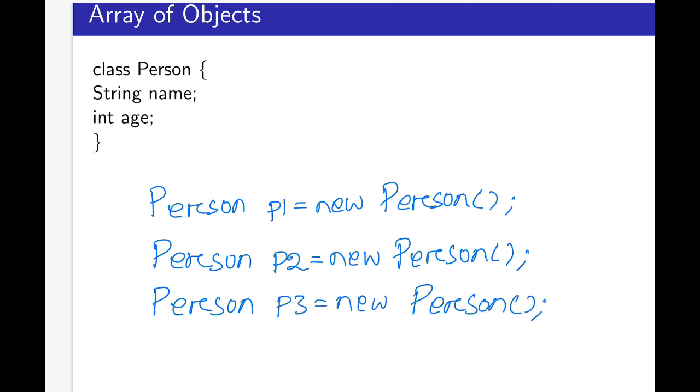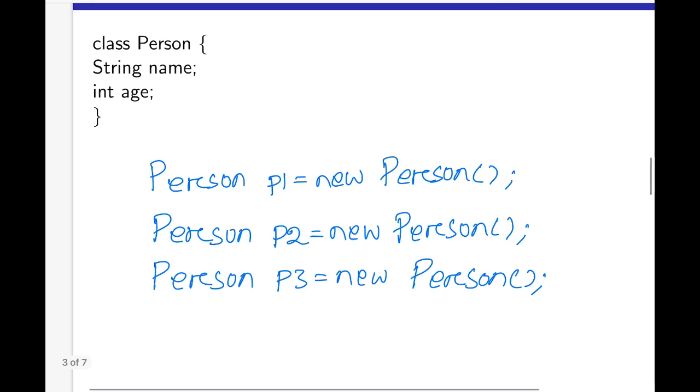So here p3 is another object of class person. Here we are writing p1, p2, p3; we can give any identifier name to the objects. Now instead of creating p1, p2, p3, we can also create one array of objects of the person class.